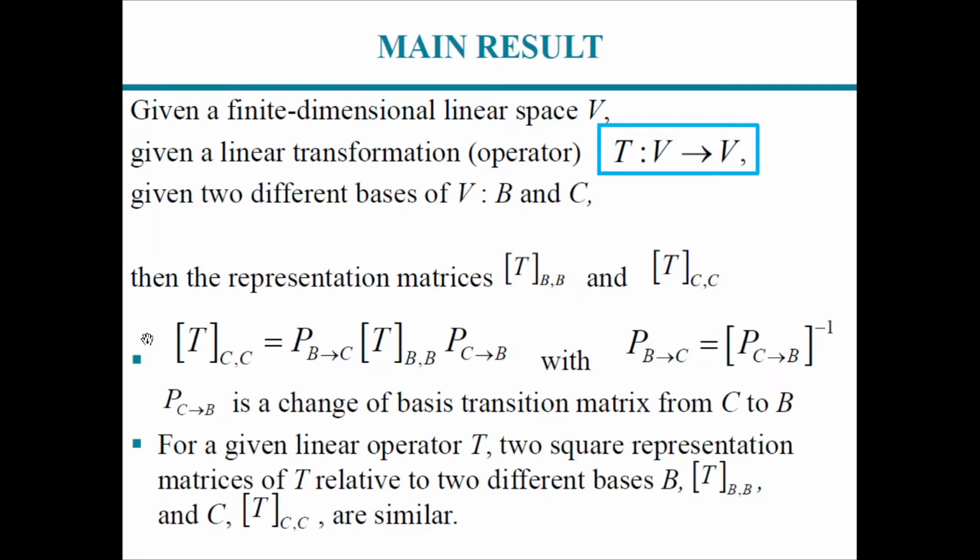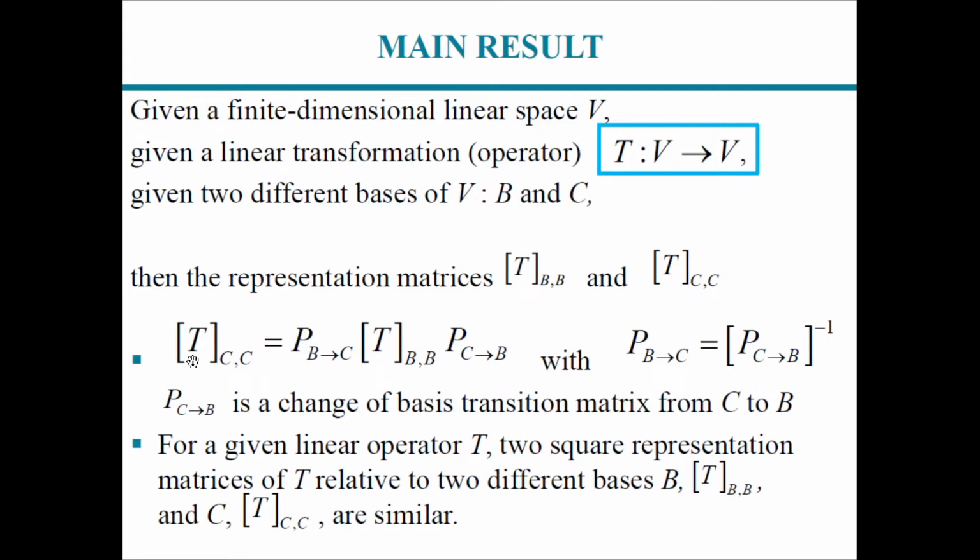Because the determinant of this side is the product of determinants on the right side. But the determinant of this matrix and this matrix, since they are inverses of each other, so if I have determinant A here, this is 1 over A, so they cancel. You see it's an invertible matrix.